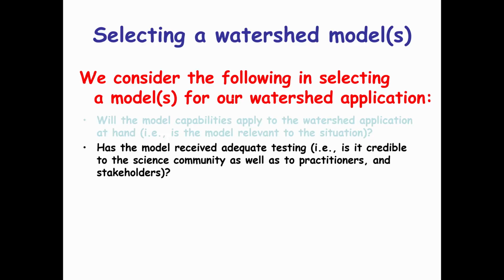And not all of those models have received a large amount of testing. The ones that have received a large amount of testing are the ones that have actually come forward as being the ones that are recommended by the EPA, by the MPCA, and other agencies for use in environmental modeling.